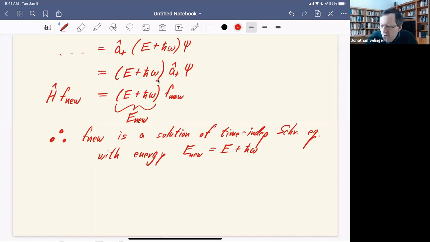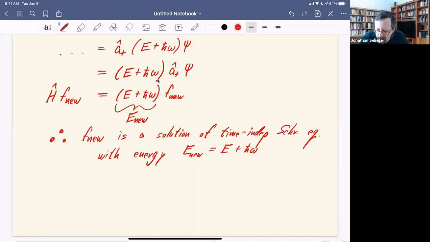Okay, so if only we knew one solution, we could get another solution, right? By applying the A plus operator. It would be a higher energy solution, right? That the new energy would be higher than the old energy by an increment of h bar omega.